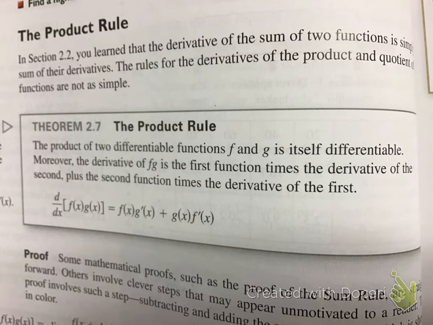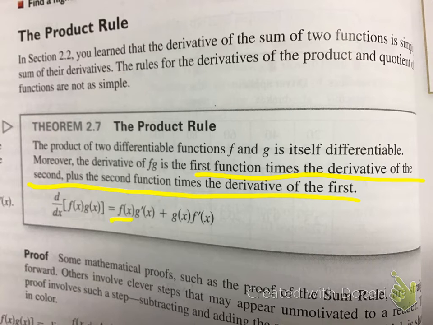The other thing that might happen is we might have a product where we need the product rule. And I'm taking a picture of it from our book. It says the product of two differentiable functions, f and g, is itself differentiable. Moreover, the derivative of fg is, in this statement here that they've written, this is what I say to myself just about every time I do it.